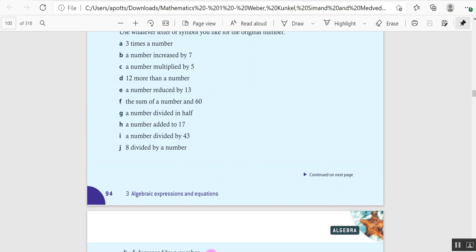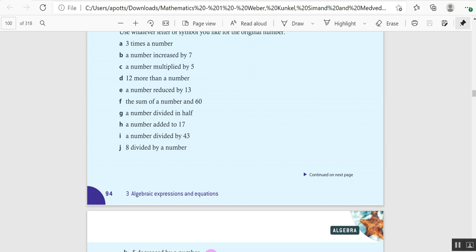8 divided by a number, John. This is a few lessons. Could you not just give it to me now, off the top of your head? 8 divided by a number, you just write 8. Y plus.